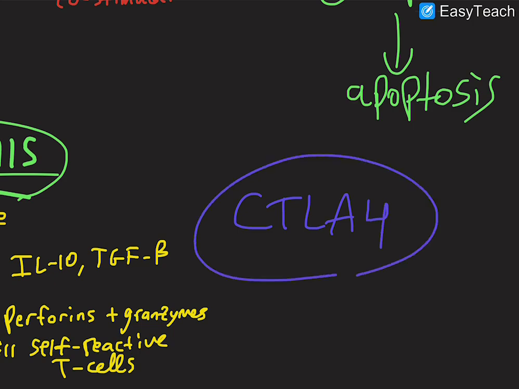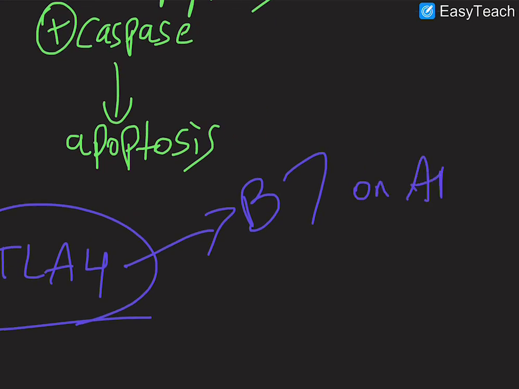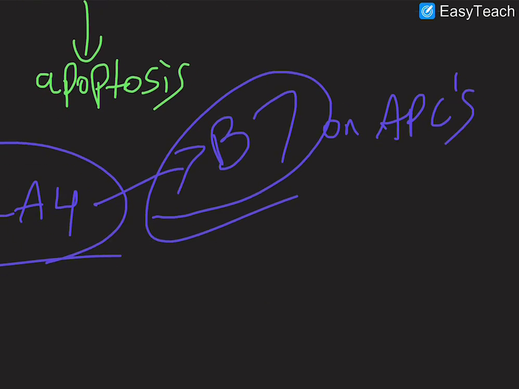A molecule called CTLA4. And what CTLA4 does is it actually binds to B7 on antigen presenting cells and it binds with a higher affinity than CD28 can bind to B7. So if CTLA4 binds to B7, then that means B7 can't bind CD28, right?